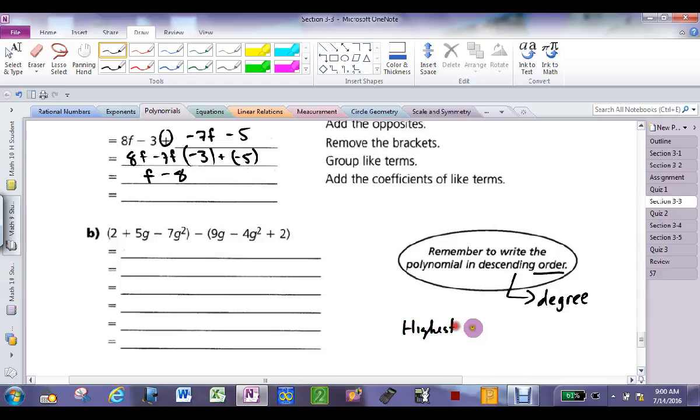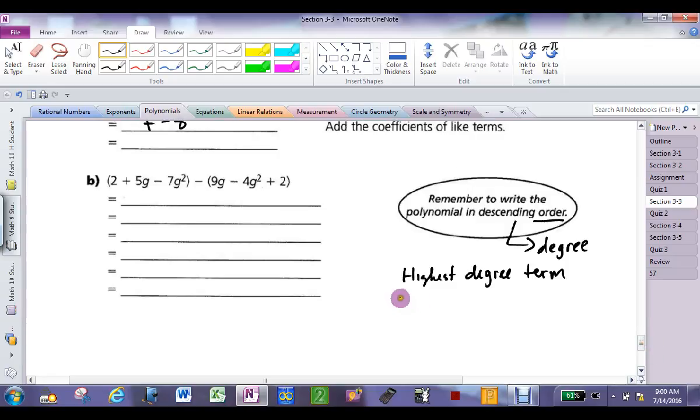Highest degree term, but it's also alphabetical. In this one, there's only one letter, so do I care about the alphabet? No. Here we're going to put our highest degree term first, if it's also alphabetical.